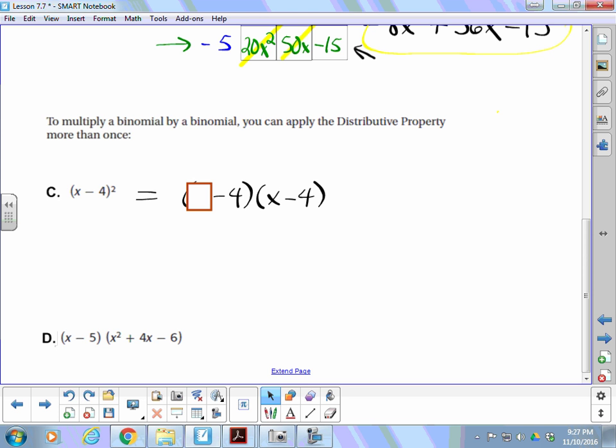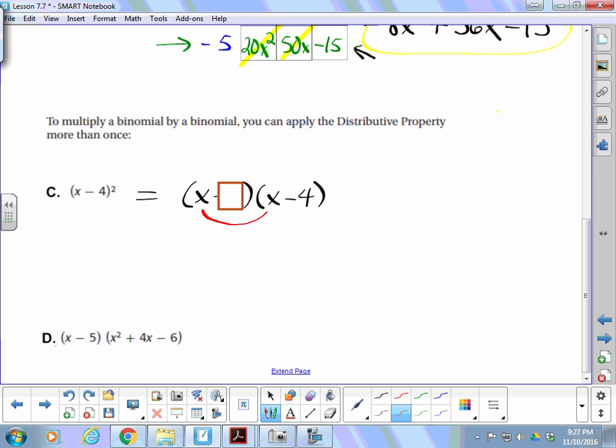So when we used the distributive property in example 2, we just had one thing we were going to multiply by it. Now we're actually going to have 2. So I'm going to start out, first of all, basically covering up that negative 4, so I'm going to distribute the x to both pieces there. So when I multiply x times x, I get x squared.